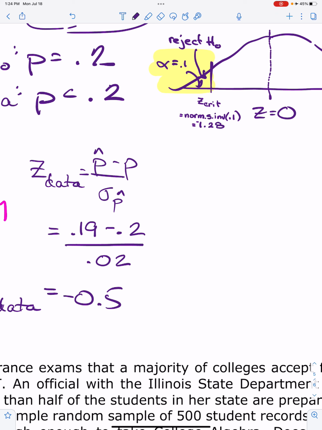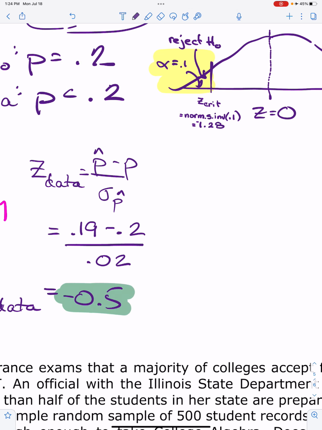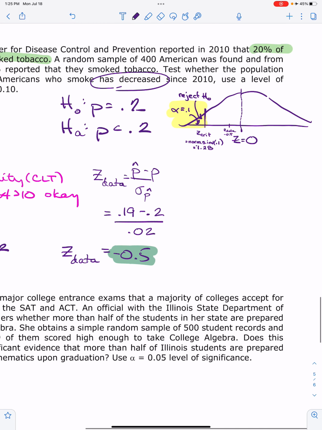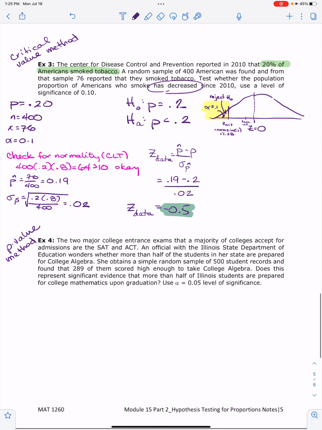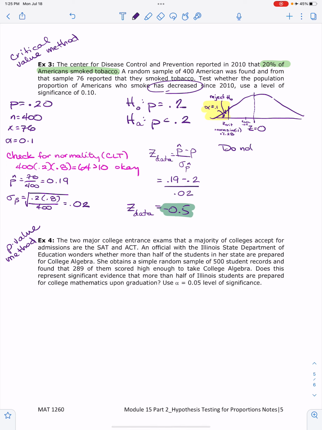Negative 0.5 is going to be up here. Notice this falls in the region that's considered normal, not unusual. So we do not reject H naught.